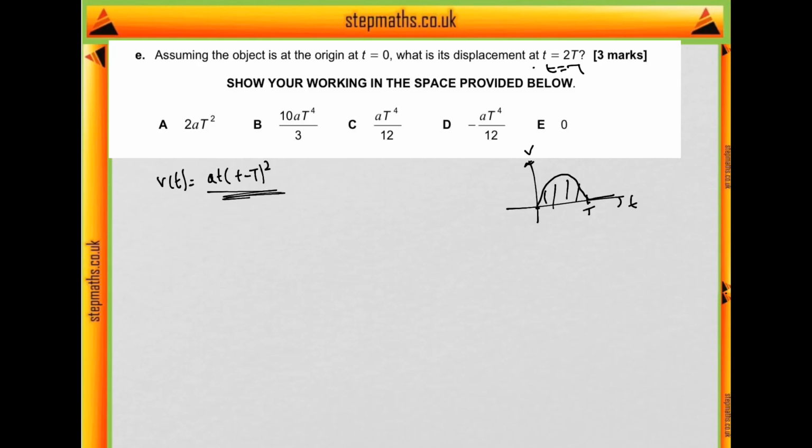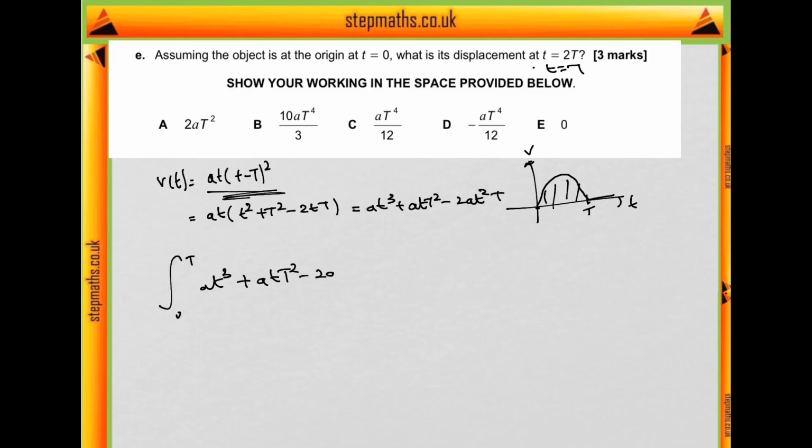So let's go ahead first of all and expand this again. So this is just at times t squared plus capital T squared minus 2tT, which is at cubed plus atT squared minus 2at squared capital T. So what we need to do is to integrate that from 0 to capital T, with respect to time.